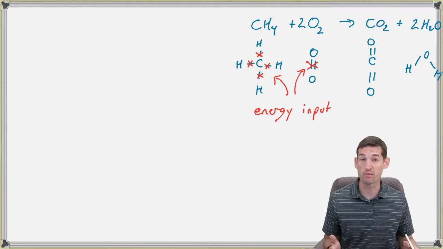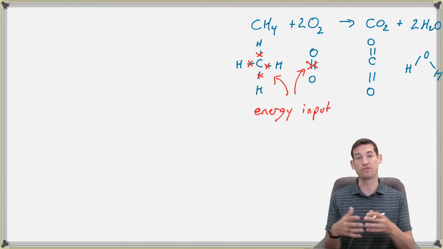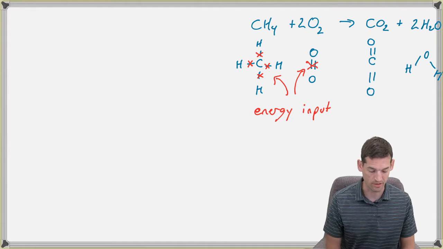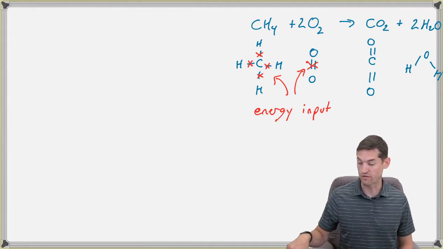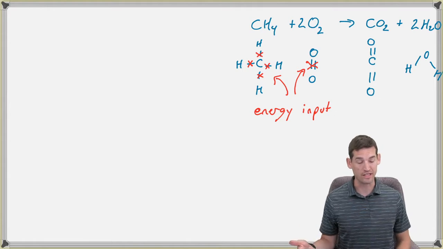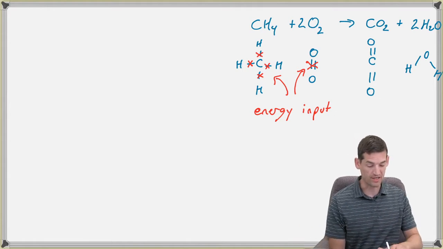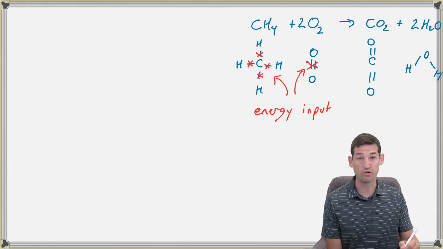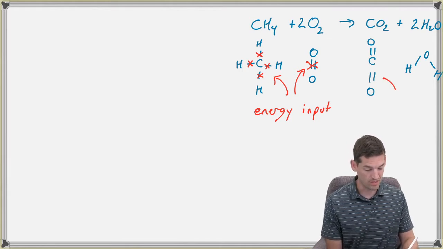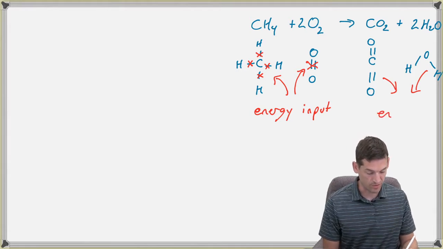And that energy is probably coming from that kinetic energy from the heat that we were just talking about. The second thing in your notes is when chemical bonds are formed, energy is released. So on the product side, none of those bonds existed before. These are all new bonds, which means that coming out of here is energy being released.